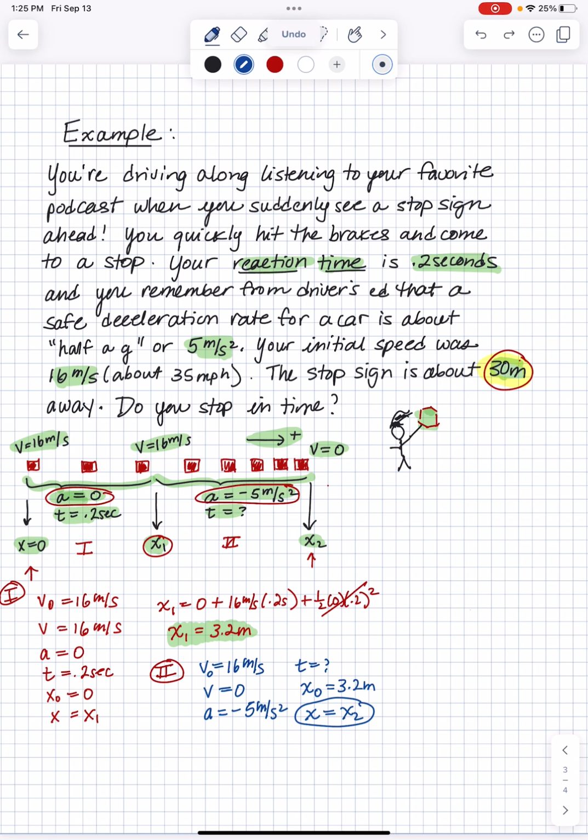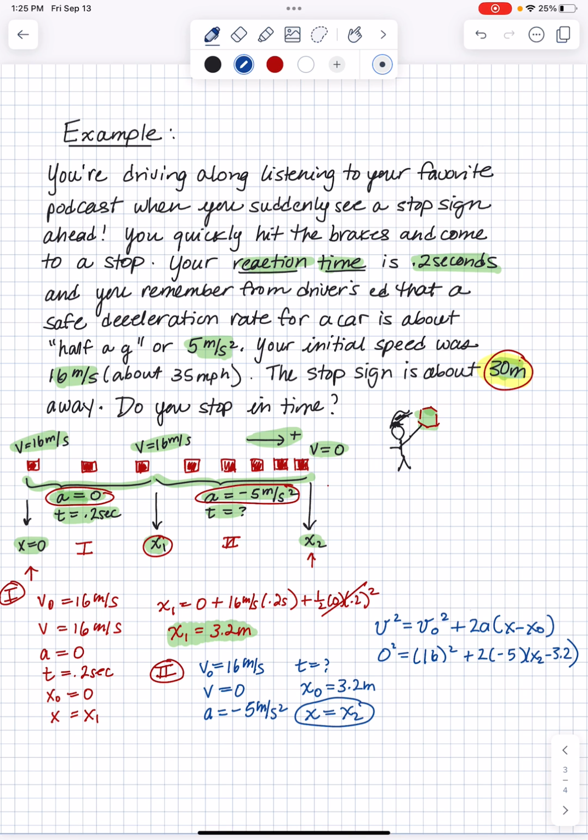V final squared equals v initial squared plus 2a times x final minus x initial. Well, my v final squared is 0 squared. My v initial squared is 16 meters per second, squared, plus 2a, and then x2 minus 3.2.